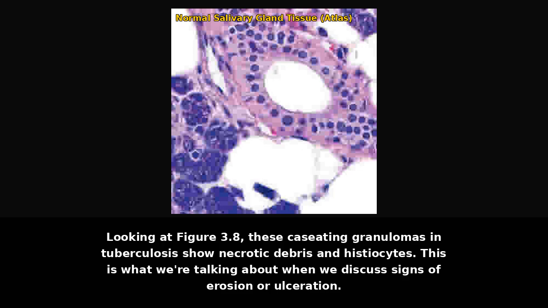Looking at figure 3.8, these caseating granulomas in tuberculosis show necrotic debris and histiocytes. This is what we were talking about when we discussed signs of erosion or ulceration.